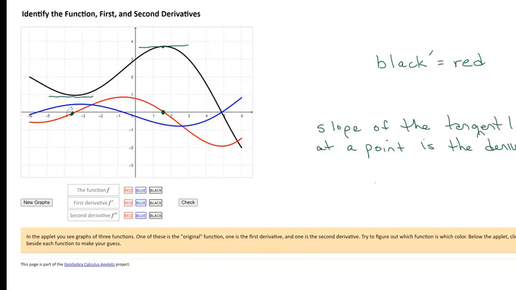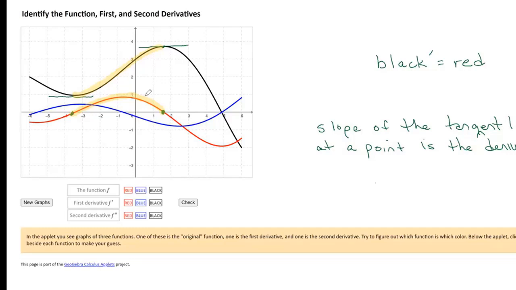So if I'm looking at black, from here to here, I'm increasing, which means the slope of any tangent line between those 2 points is going to be positive. Let's look at the red line from here to here. The red line is above, not the slope, but the function is above the x-axis, which means that it's positive there.